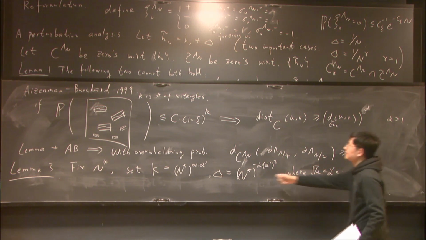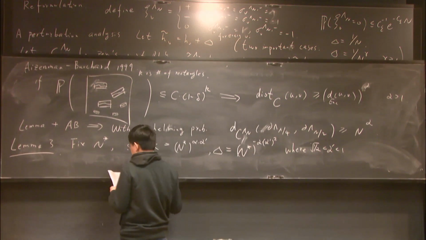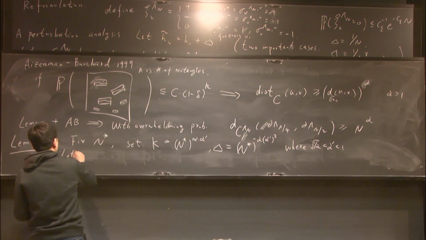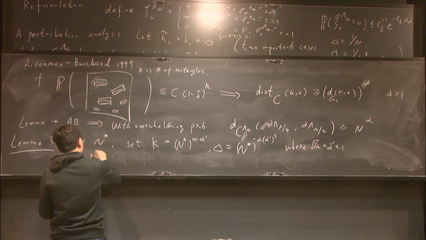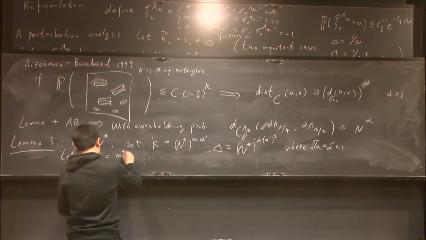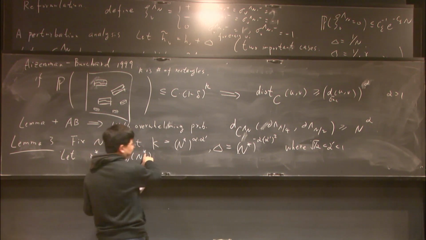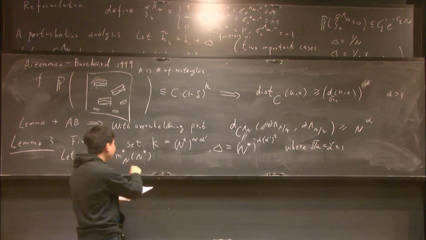And I consider this perturbation. And let m star n be m star n with respect to the n star, because the perturbation is with respect to the n star.